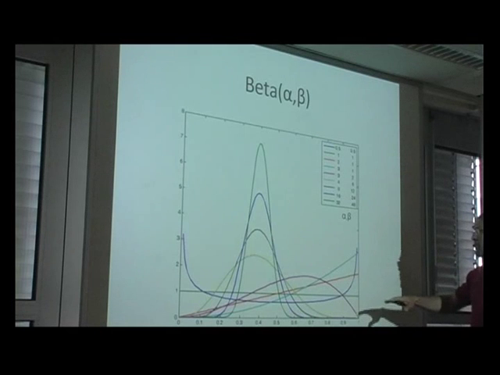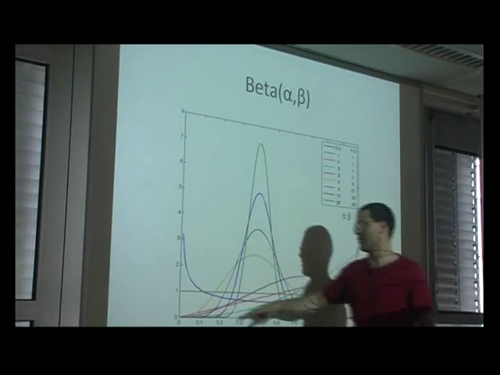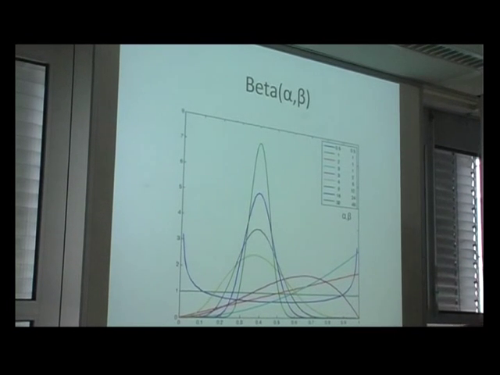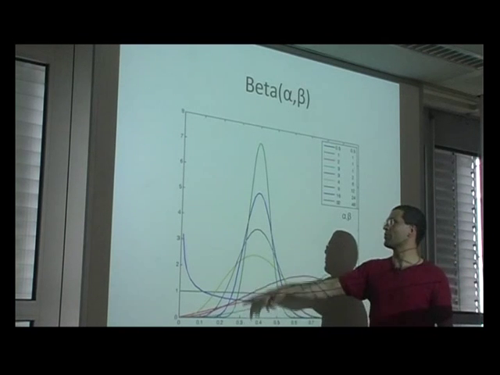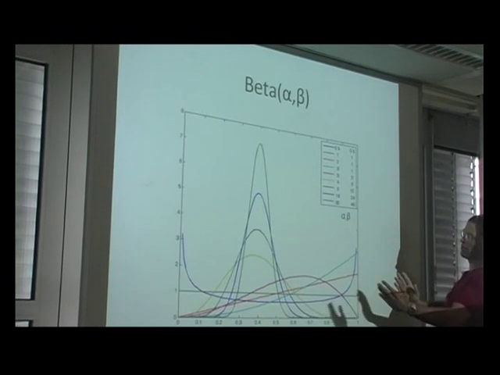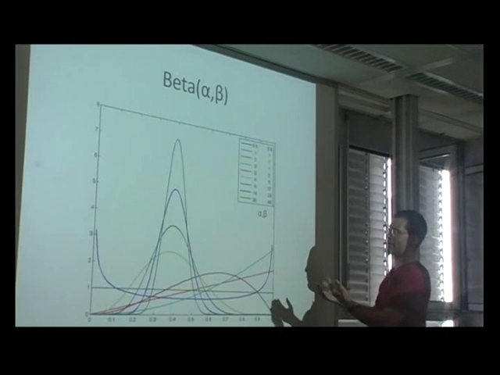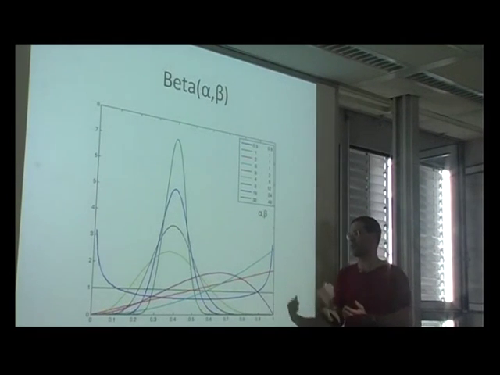So for instance, for parameters 1/2, 1/2, we see this bimodal distribution, and actually this goes to infinity here. If we insert parameters 1, 1, we get a uniform distribution on this interval from 0 to 1. And then as we go to larger values, we eventually get Gaussian type behavior, which, however, will still be asymmetric if the parameters have different values and you move closer to either 0 or 1.